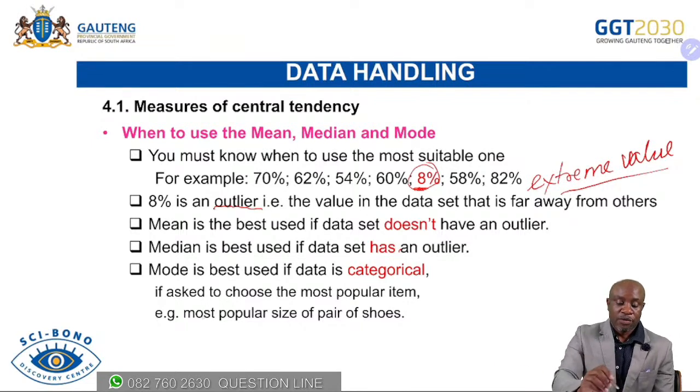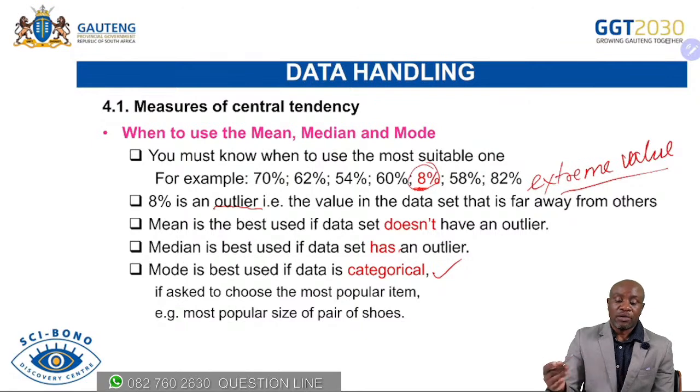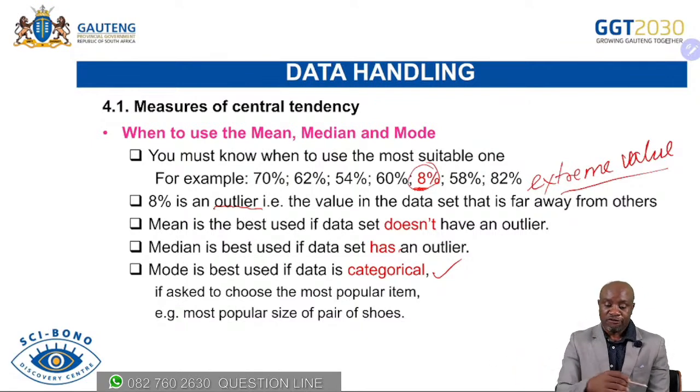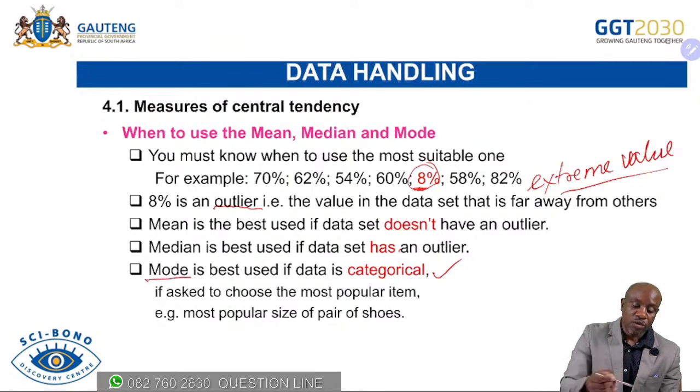And the mode is best used for categorical data, because remember, we cannot arrange favorite teams or whatever and then choose the one that is in the middle, or do the calculation or add the teams and divide. We can't do that. We can't divide colors. Remember, that type of data is categorical. But the mode can be used in that situation.